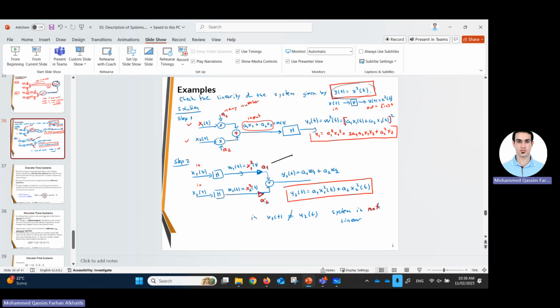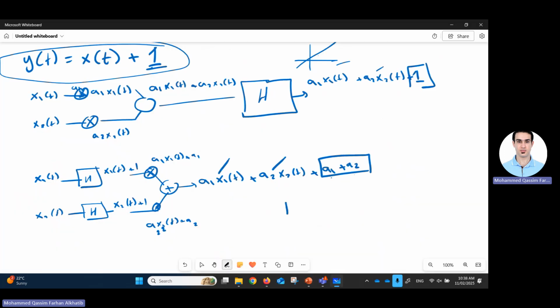Okay, the structure of the question will be the following. So actually the combination of time invariance and linearity will lead to something called LTI, linear time invariant system. All of our systems from now on will be assumed to be LTI systems.